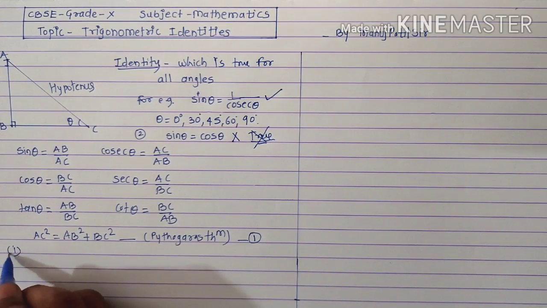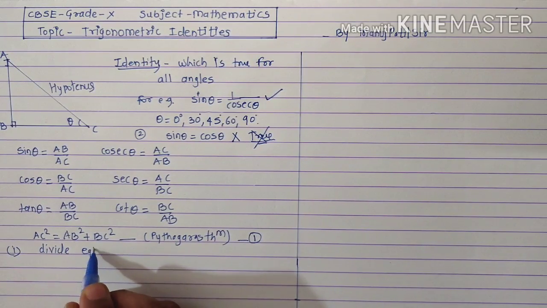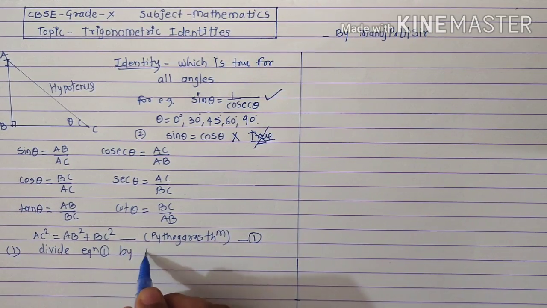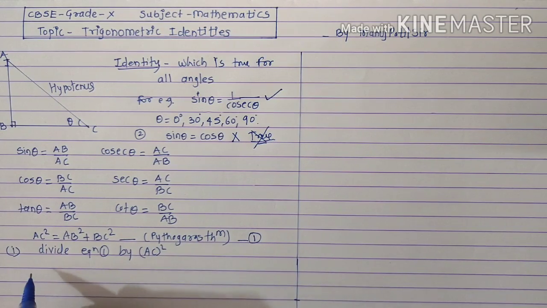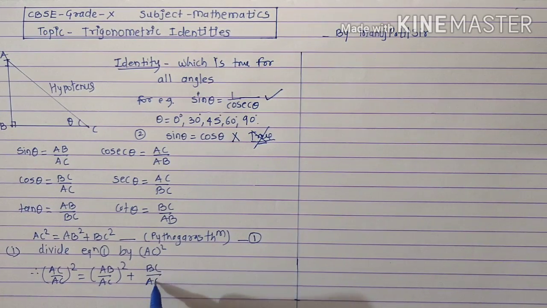Now the first identity we want to prove. So divide equation 1 by AC square. We get AC upon AC bracket square equals AB upon AC bracket square plus BC upon AC bracket square. Now AC upon AC will be 1.